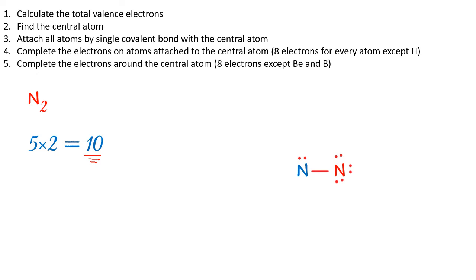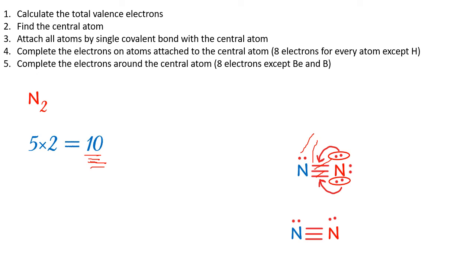Now we don't have an extra electron here, so this nitrogen shares its 2 electrons to make a single covalent bond, and again it shares these 2 electrons as a triple bond. Now how many electrons in the central nitrogen atom? 2 plus 2 plus 2 plus 2, total 8 electrons. Now the correct Lewis structure for nitrogen is N triple bond N.